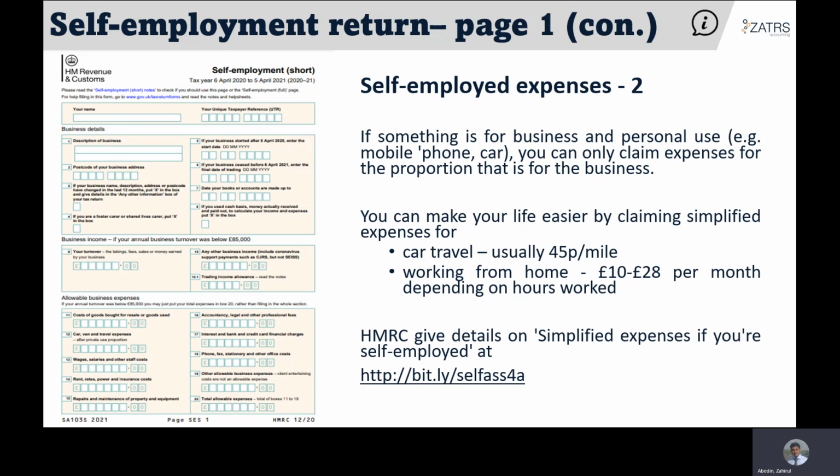The main expense is car travel, and for most journeys and people, that will be 45 pence a mile. So instead of working out how much you spend on petrol, new tires, getting it serviced, the tax, and so on and so forth, you just count the miles you have done on business and multiply it by 45 pence to count your travel expense. You can put that as an expense on your tax form.